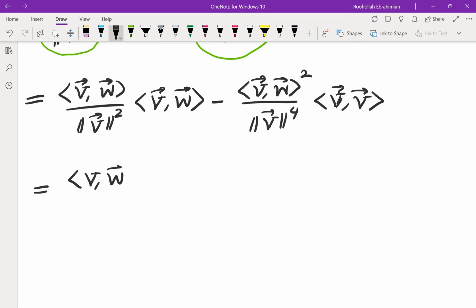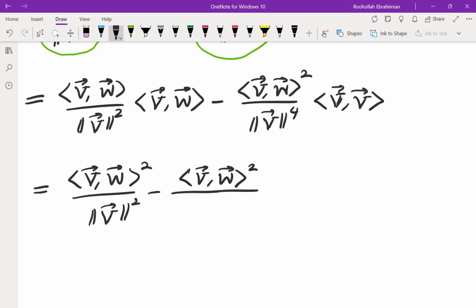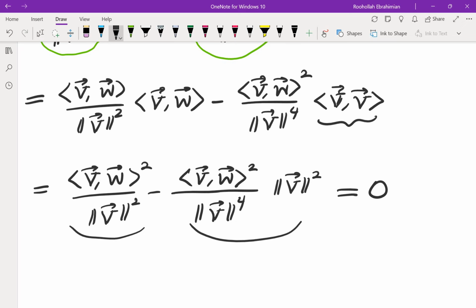This gives us inner product of V and W squared over length of V squared minus inner product of V and W squared. This guy, as we know, is just the length of V squared, and this one is length of V to the power of 4. Now, as you see, these two are the same. This quantity and this quantity are the same, so that's 0.